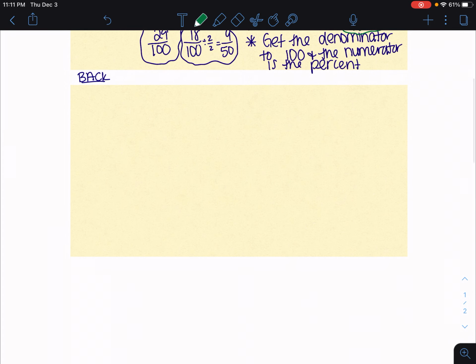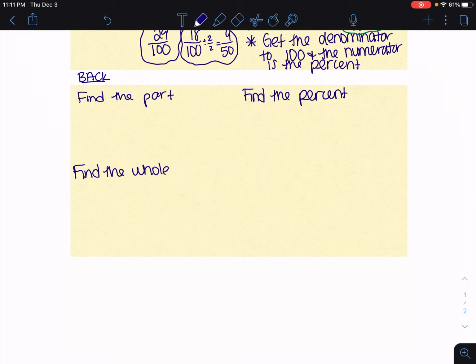What I would absolutely include on your note card is being able to solve those basic percent problems. So being able to find the part, find the percent, and find the whole. This is what we've been working on through the word problems, especially for the last several days.